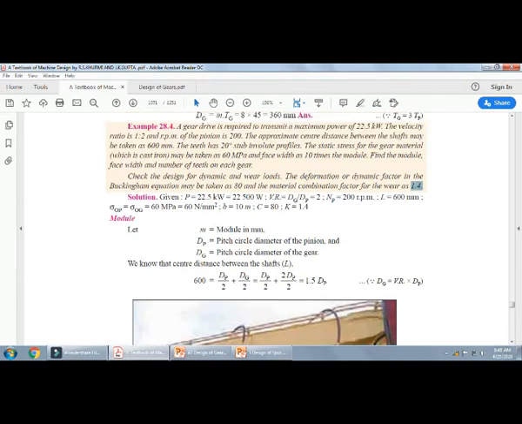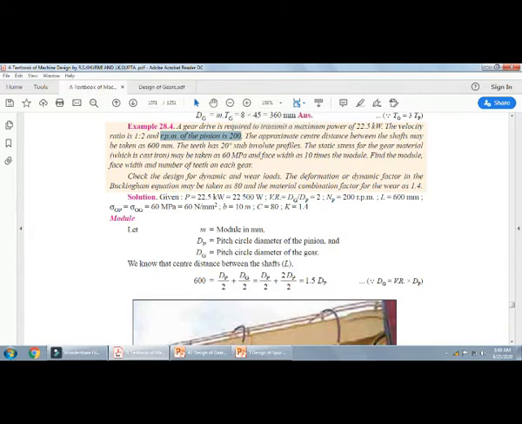Now come to the point. From this statement some parameters are given. Power to be transmitted is 22.5 kilowatt. Then velocity ratio VR is given as 1 to 2. It means the ratio of Tg by Tp, or we may also simply say dg by dp, is equal to 2, and the RPM of the pinion is given 200.